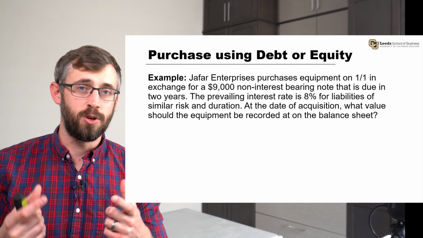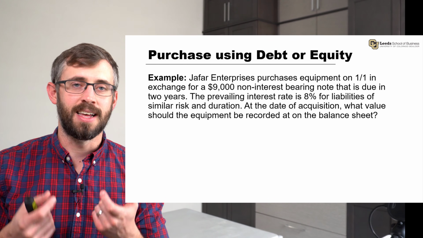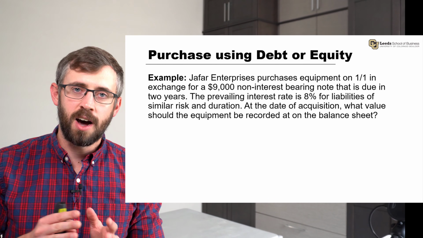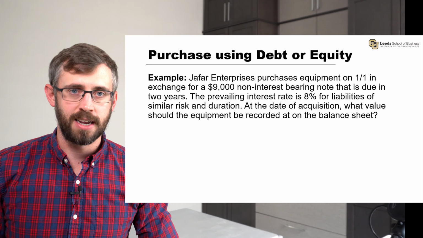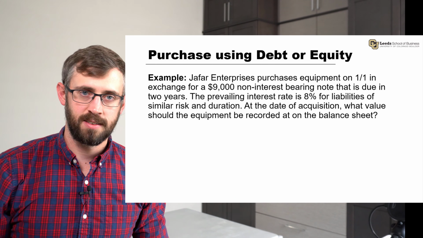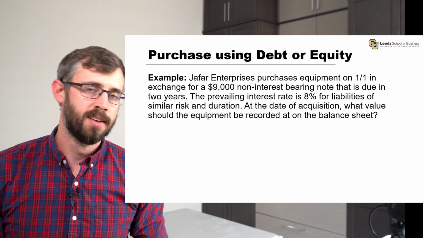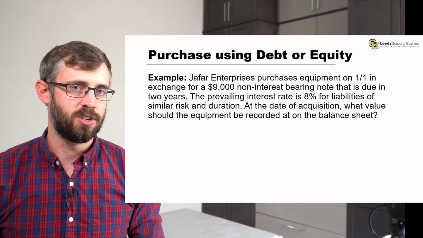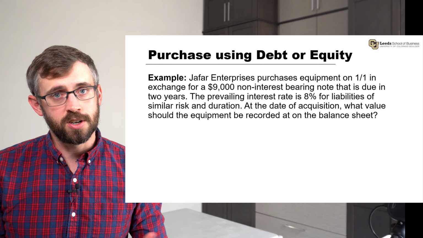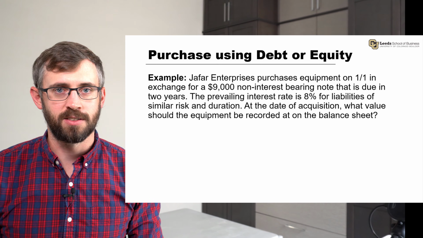If I were to pay cash today, I could get away with paying less than $9,000 because of the time value of money, right? $9,000 2 years from now is worth less today. So maybe I could get away with paying $7,000 or $7,500 today instead of the $9,000 2 years from now. But it raises the question of, well, what do I debit as the asset value on my balance sheet?